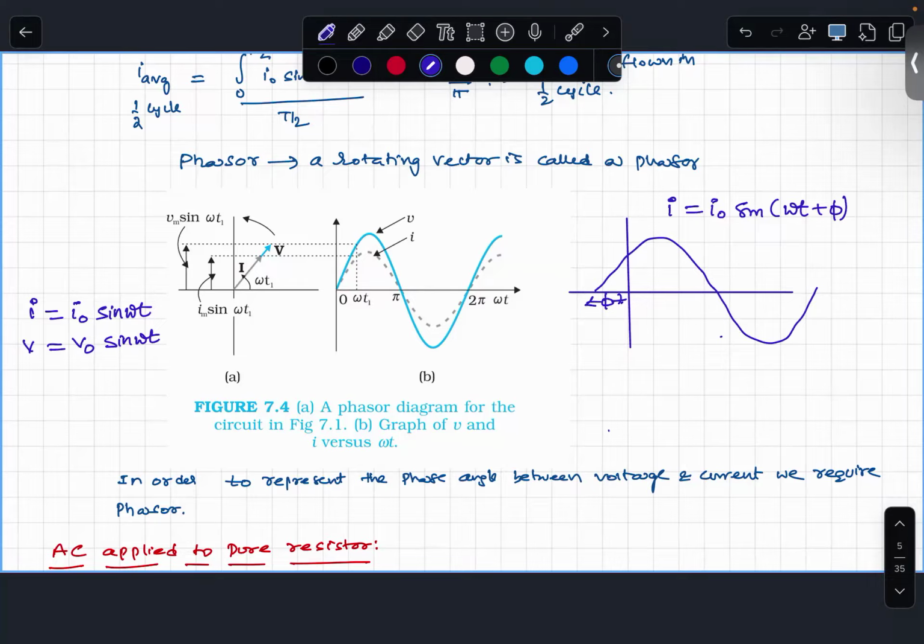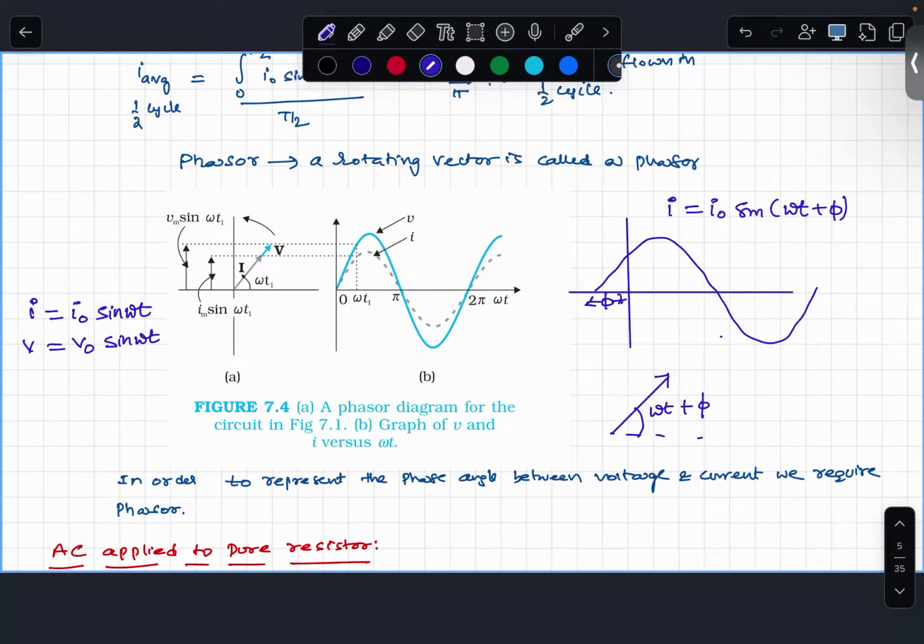So in phasor terminology, we will represent the current phasor likewise.